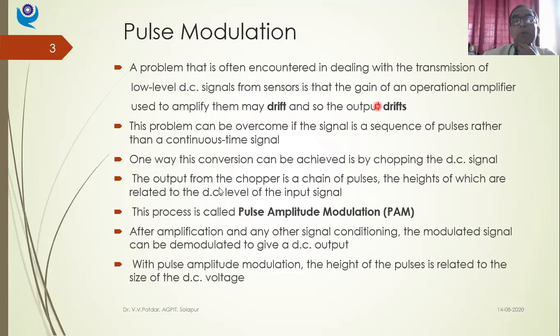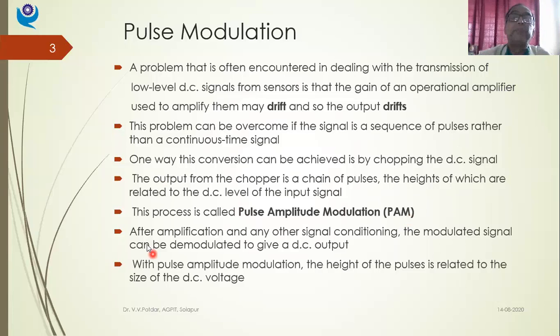This problem can be overcome if the signal is a sequence of pulses rather than a continuous time signal. One way this conversion can be achieved is by chopping the DC signal. The output from the chopper is a chain of pulses, the heights of which are related to the DC level of the input signal. This process is called pulse amplitude modulation.